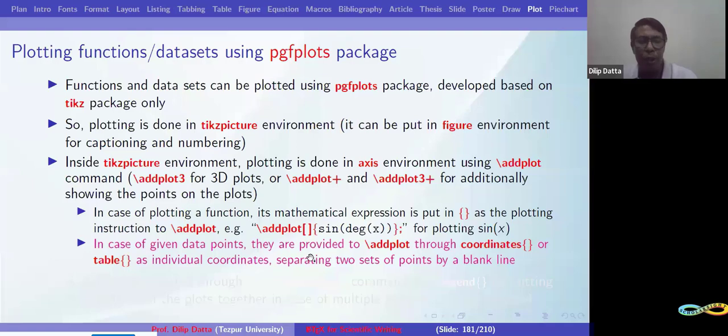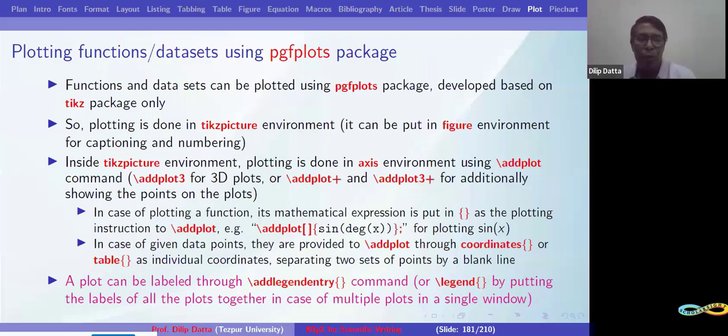Now if you need to plot data points, you have results obtained from experiments which you need to present. Say you have data in tabular form in another file. That file also you can use directly for plotting. Either you use the table command to use data from an external text file, or even a CSV file, whatever you have, or directly you can code coordinates in the LaTeX itself.